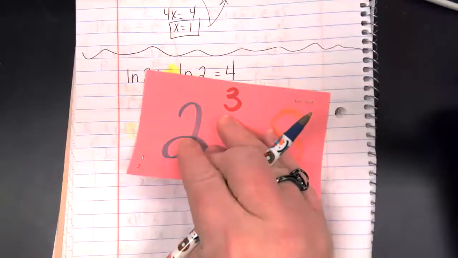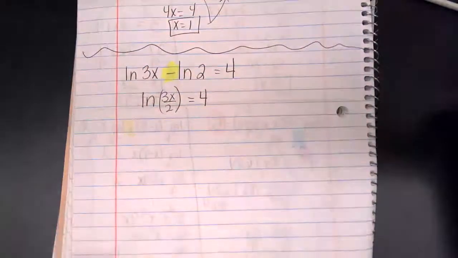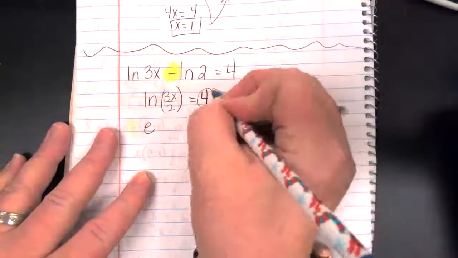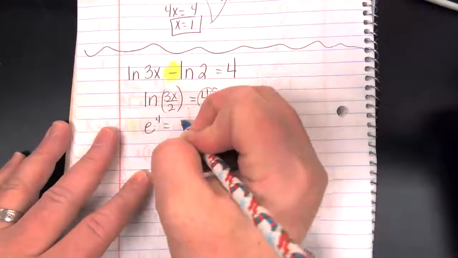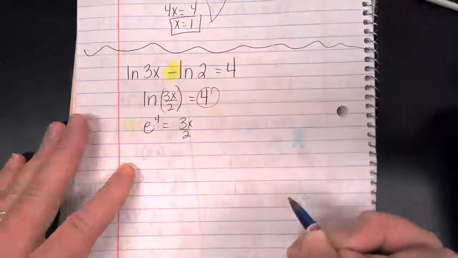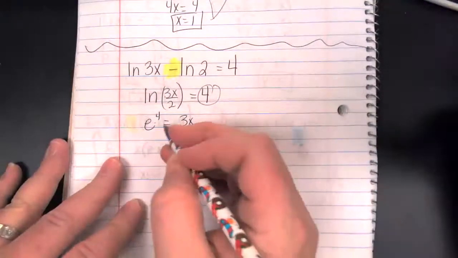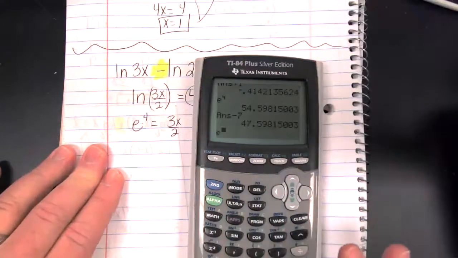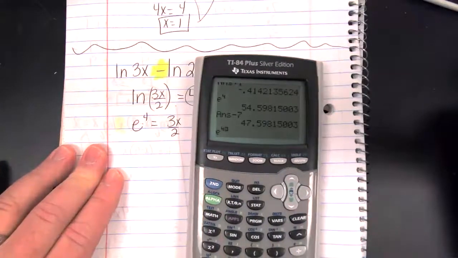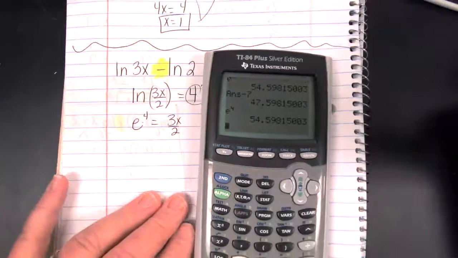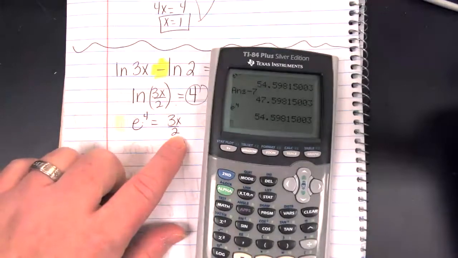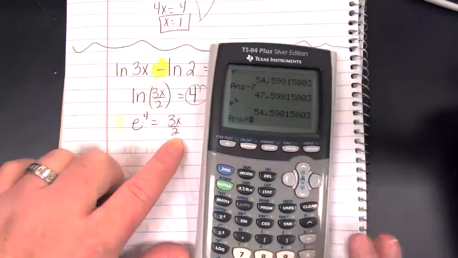Now my base is what when it's natural log? You're right, it's an e. So where do I pick up my power? From across the equal sign, equals 3x over 2. Well, e to the 4th is 54.59. Okay, what am I going to do with this 3 over 2? Well, I'm going to multiply by 2, right?